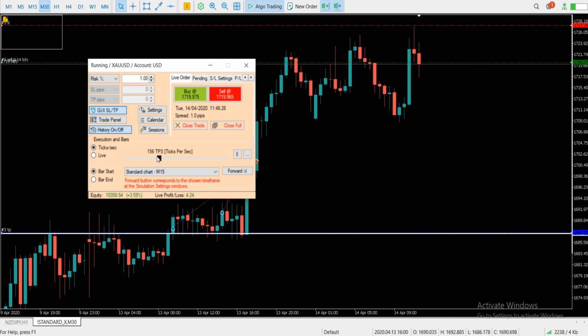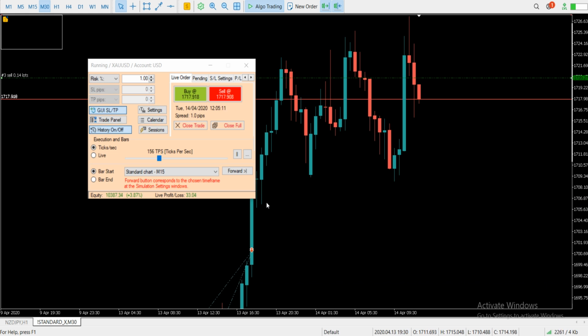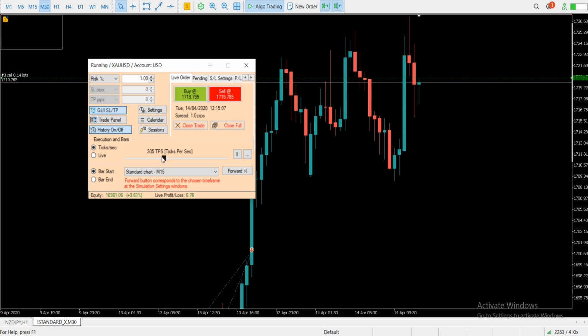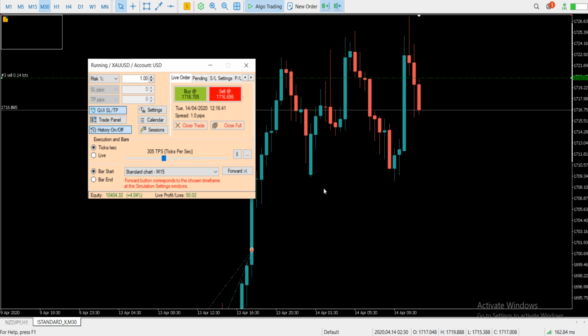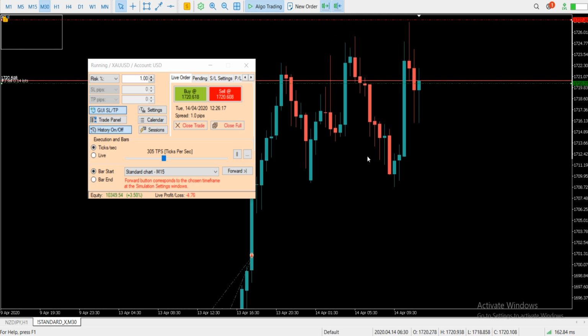Speed it up. This candle is going to close in 5 minutes, 3 minutes, 2 minutes, 1 simulation minute. Okay, candle closed bearish. At this point, it's just waiting. Speed it up more. Are we gonna push down or not?